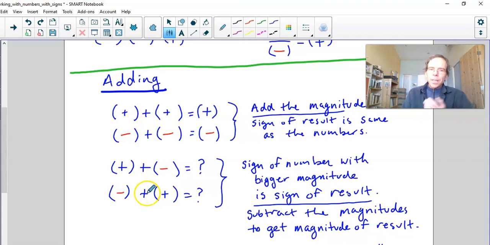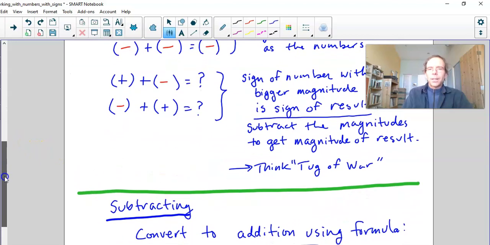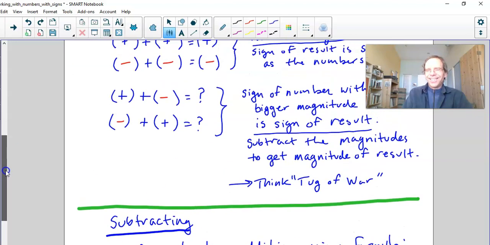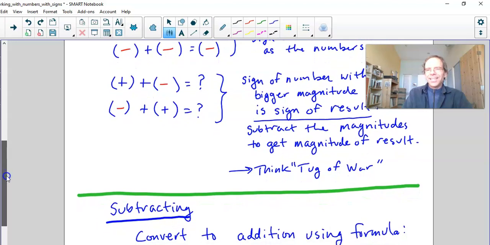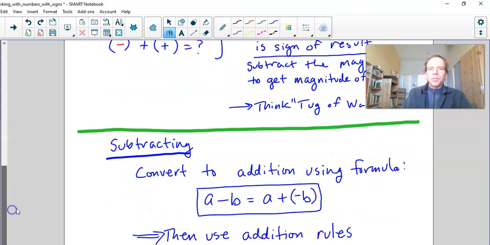Well, the sign of the number with the bigger magnitude is going to be the sign of the result. You subtract the magnitudes to get the magnitude of the result. Think of the tug of war for that case, right? And if you're subtracting, convert it to addition and then use the addition rules.